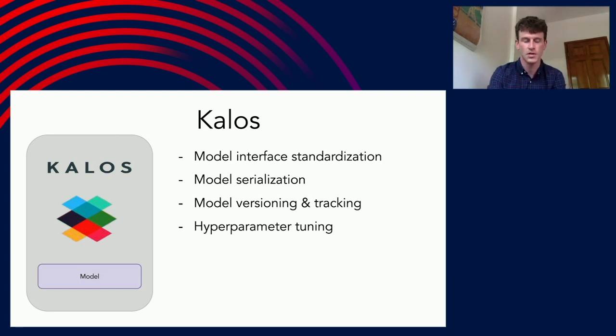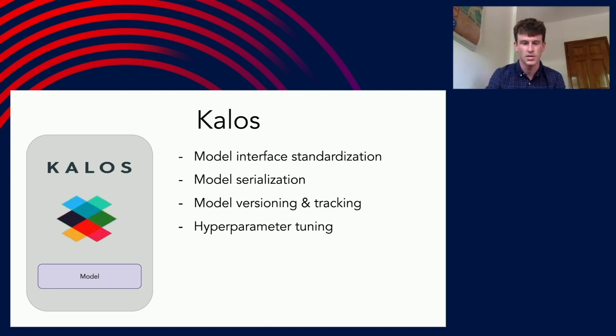The next step is Kalos, which is our unified model interface library. The goal with Kalos was to provide data scientists with the option of using any number of the different libraries to facilitate a machine learning project. So it's like you could distribute training with MLlib, do something in scikit-learn or PyTorch or Keras.